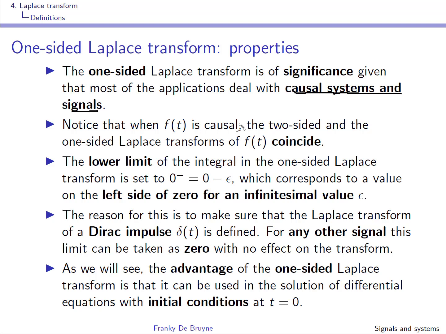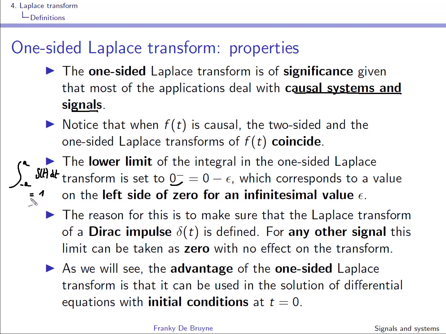Then a word on this limit here. Integration limit is 0 minus. 0 minus is 0 minus epsilon, which corresponds to a value to the left of 0 by an infinitesimal value epsilon. Okay, and this is because at some stage we'll have to integrate things that contain a delta. Okay, and you know that if you integrate a delta, you have to do this.